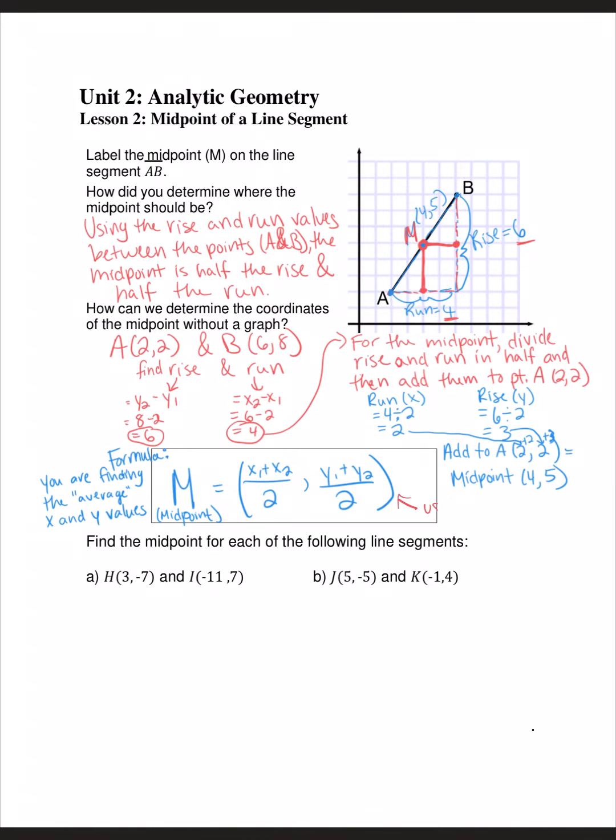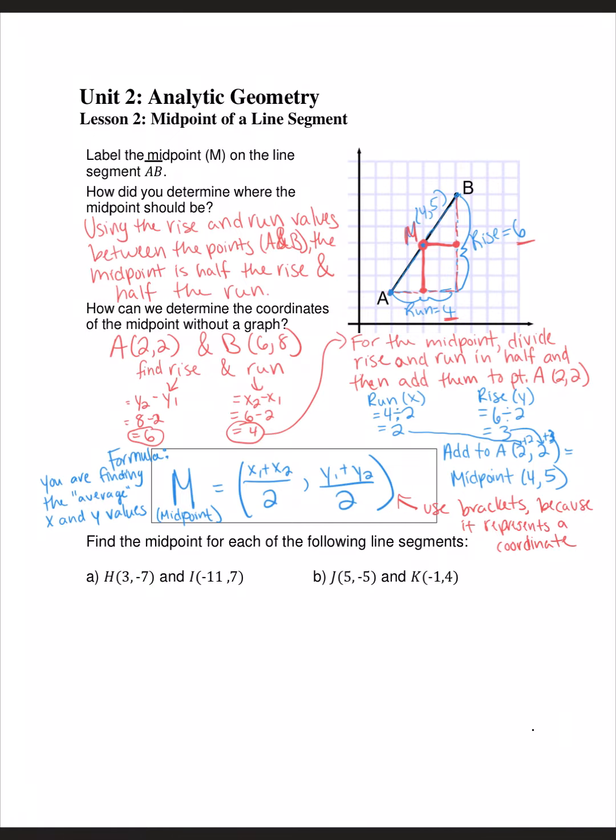We use brackets because it represents a coordinate. We're determining the coordinate of the midpoint, so this formula is in brackets so that it's represented as an ordered pair.